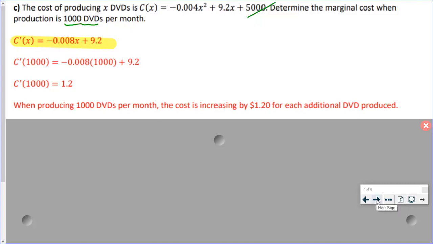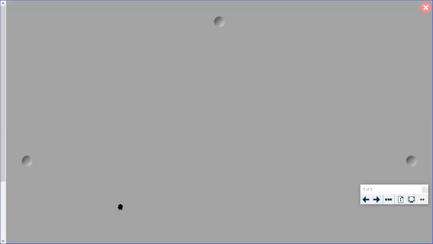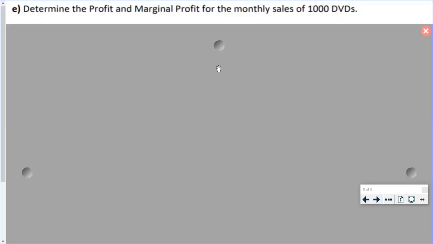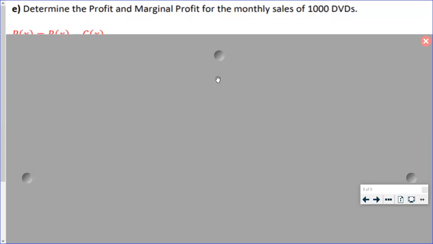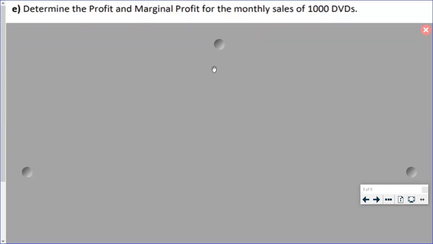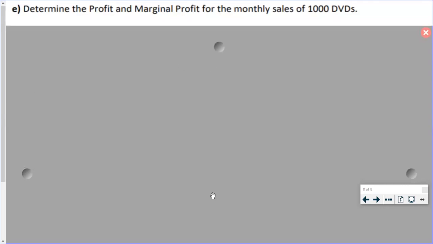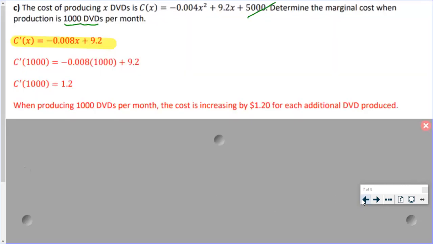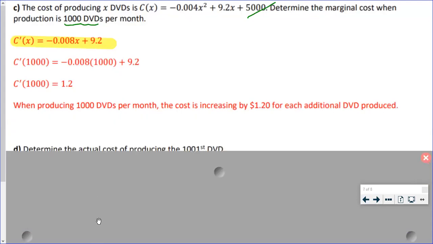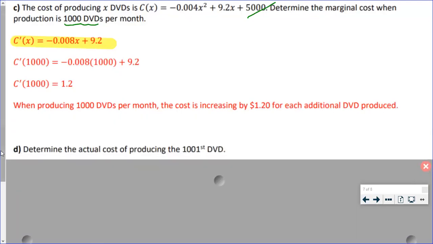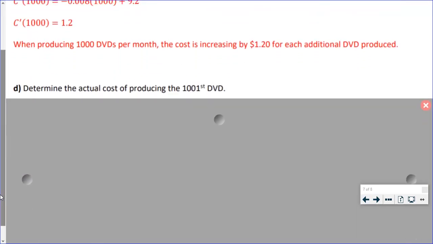And finally, the last question is, oh, no, that's not our last question. Let's see, I think I skipped one. Oh, here it is. Determine the actual cost of producing the 1,001st DVD.